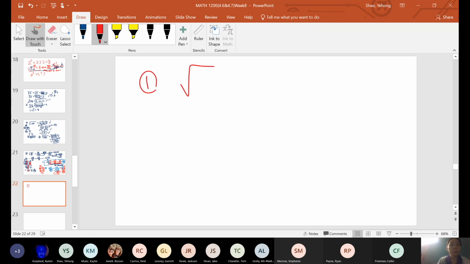Click on that link and put your answer there. The first question is square root of 27. The second question, because it has fractions, I'm going to write it here so you can probably see better.